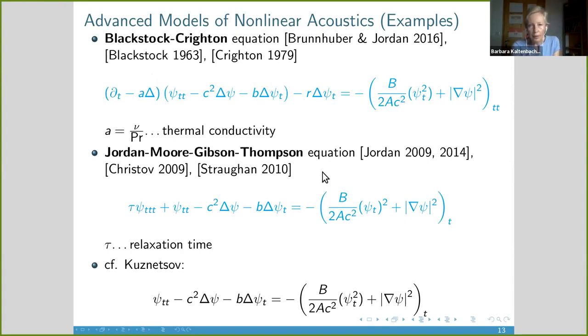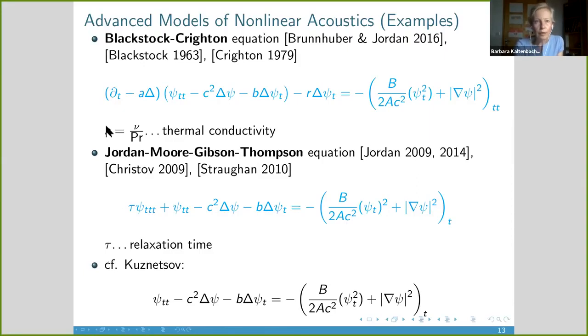Another approach comes from the desire to remove the infinite speed of sound phenomenon that arises in Kuznetsov's equation. That's basically due to the strong damping term here. And physicists do this not by just skipping this damping term, because damping is clearly there, so one cannot just skip it, but by introducing another third order term, which comes with a relaxation time, denoted by tau here.